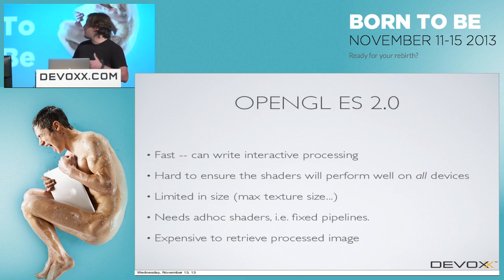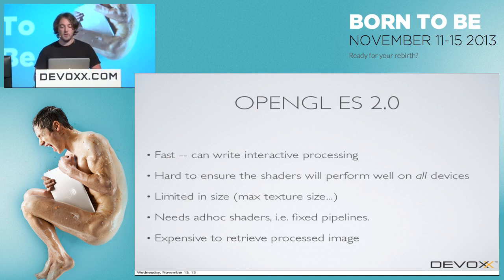OpenGL is another one of the common paths. And it's pretty cool because usually you can do something really fast, so you can get interactive processing. You do run into issues with making sure that all your code will run well on all devices.